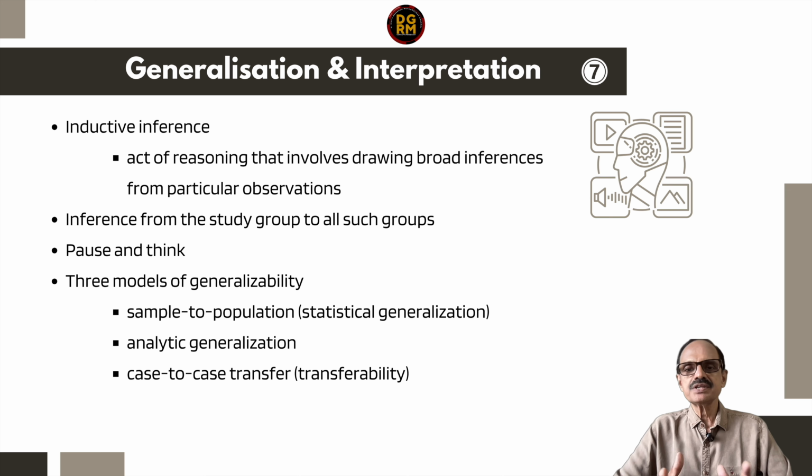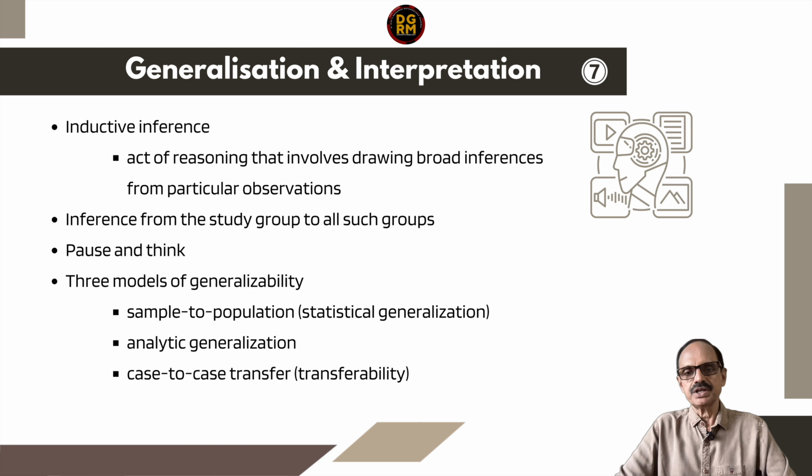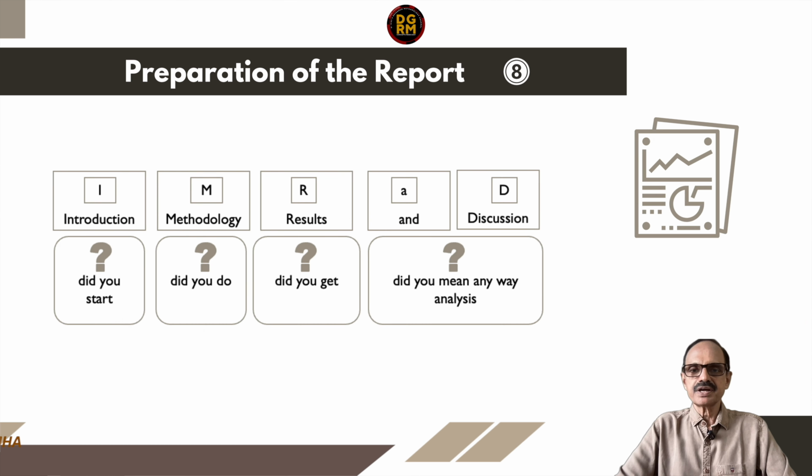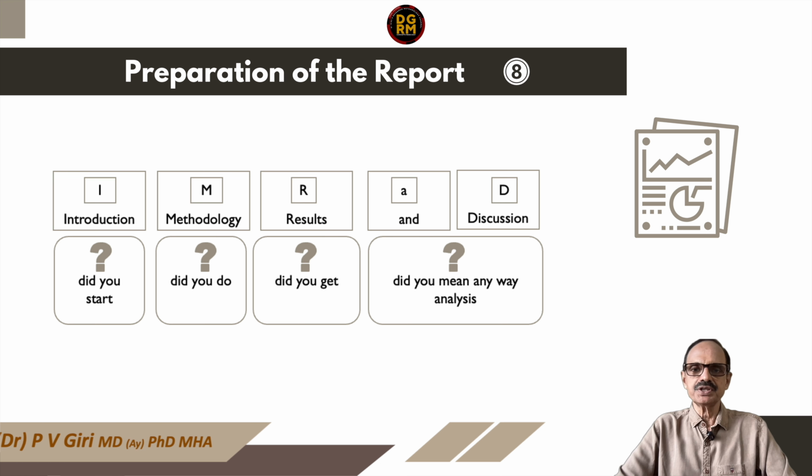There are three ways of generalization: sample to population, that is statistical generalization, which we use in quantitative research, and another two types, analytic generalization and case-to-case transfer. These two are used mainly in qualitative research, where findings from a particular observation are generalized to the results rather than the population.